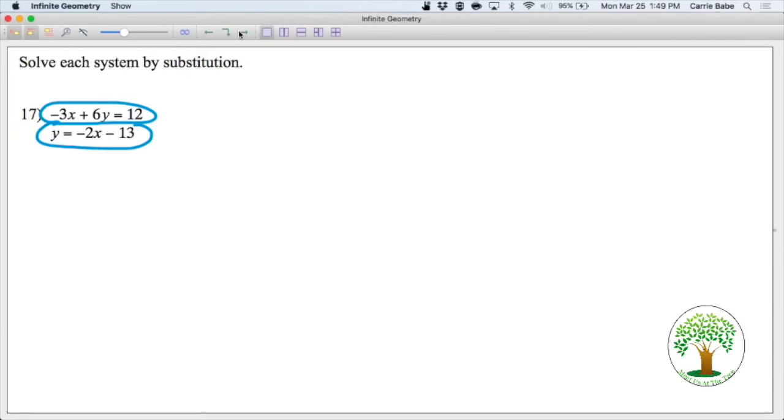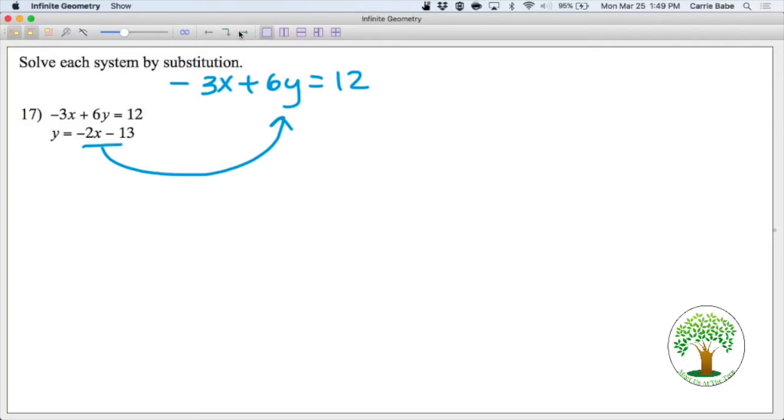The bottom one that we have down here says that y equals negative 2x minus 13. I am going to rewrite it just so I can see everything. This equation here says that y equals negative 2x minus 13.